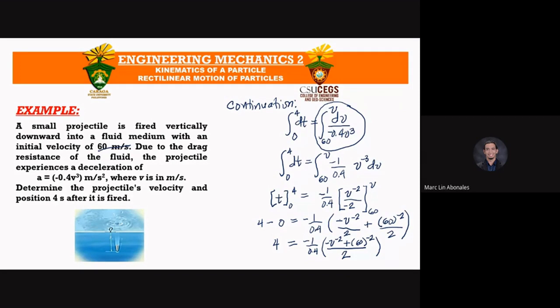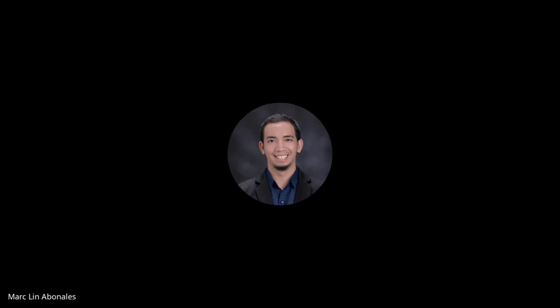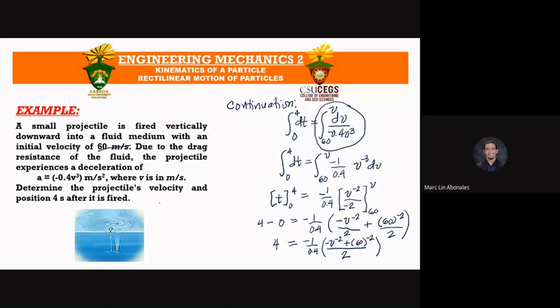I will just write it on the side. So that would be 4 times 0.4 times 2 is equal to negative. You just multiply it with each term.